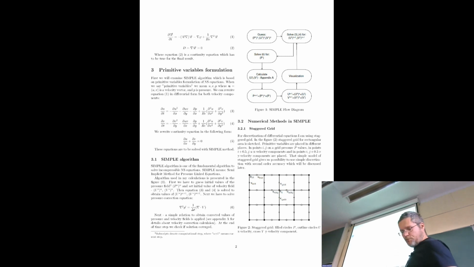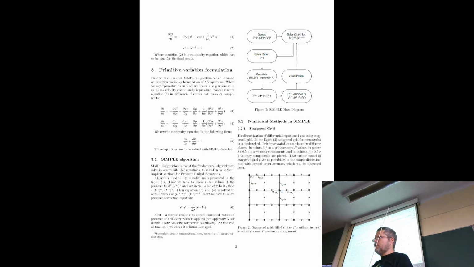Then we solve the pressure correction equation, and that's the most time consuming part of the algorithm, because this is a global equation. So basically, to solve pressure, you cannot do it locally. It's not like you go into the mesh grid and solve here. You have to solve the pressure equation in the whole domain at once.